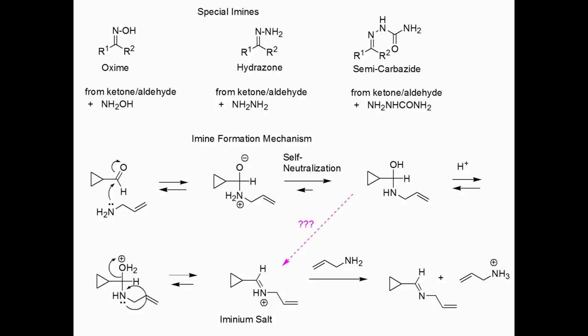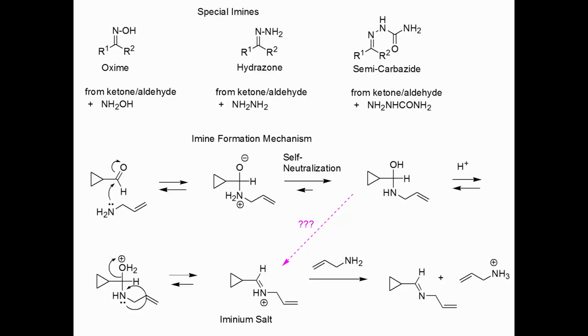So it was common practice 50 years ago to make an aldehyde or ketone, then make some sort of imine derivative and use that for melting point characterization. So let's look at some special imines.